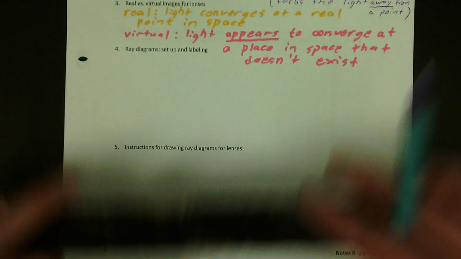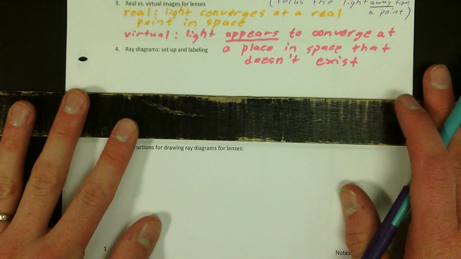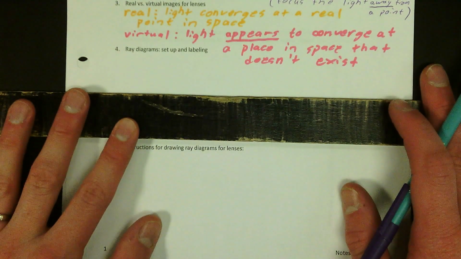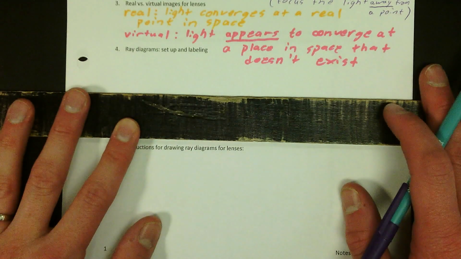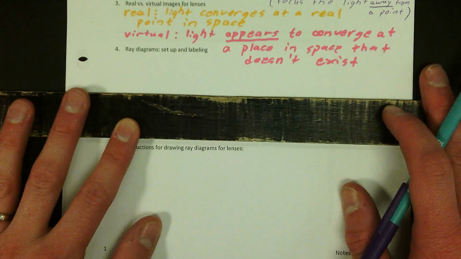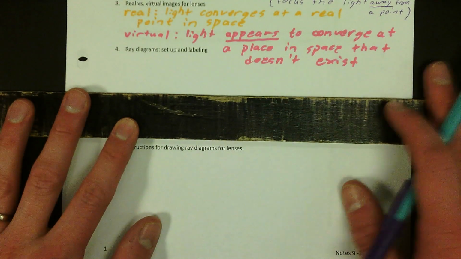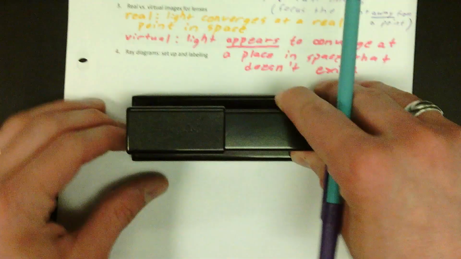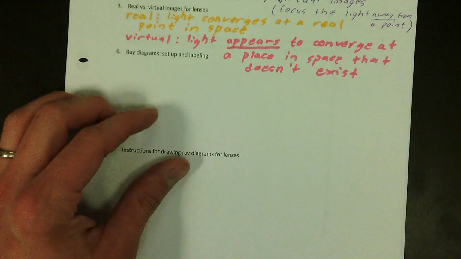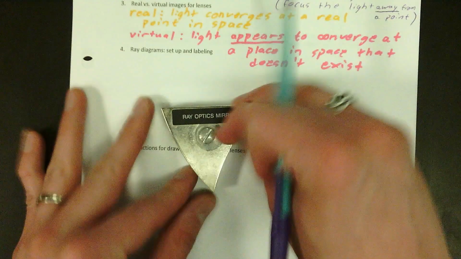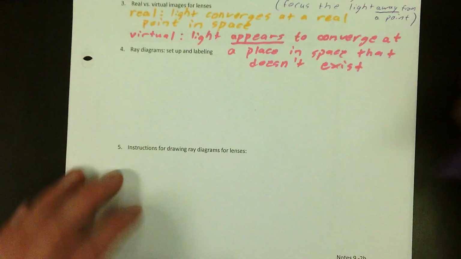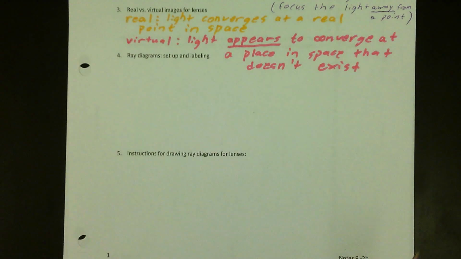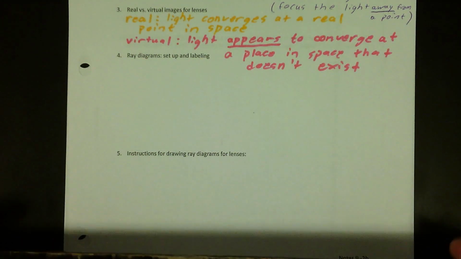The first thing you do is always use a ruler. Never, ever freehand it. Don't you dare freehand it. If you don't have a ruler, just find something straight: the side of a stapler, an ID card, some random thing you have that's straight. It's got to be straight.